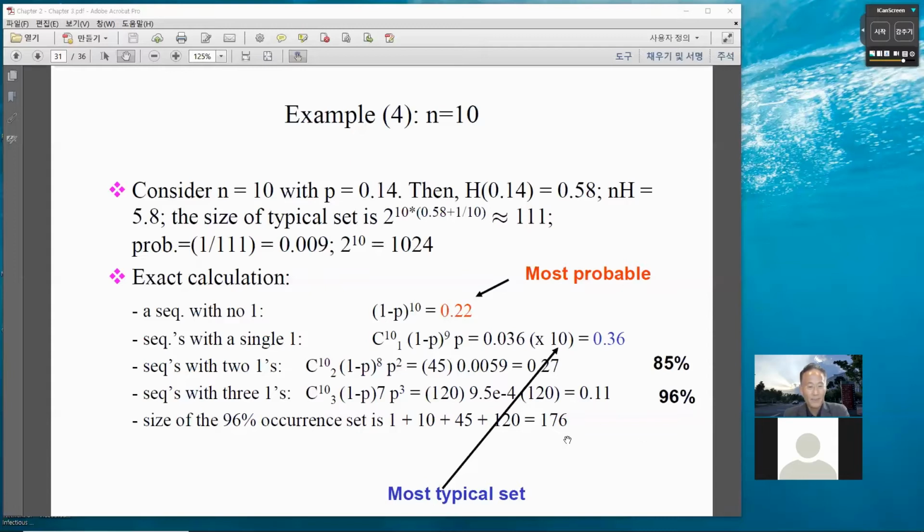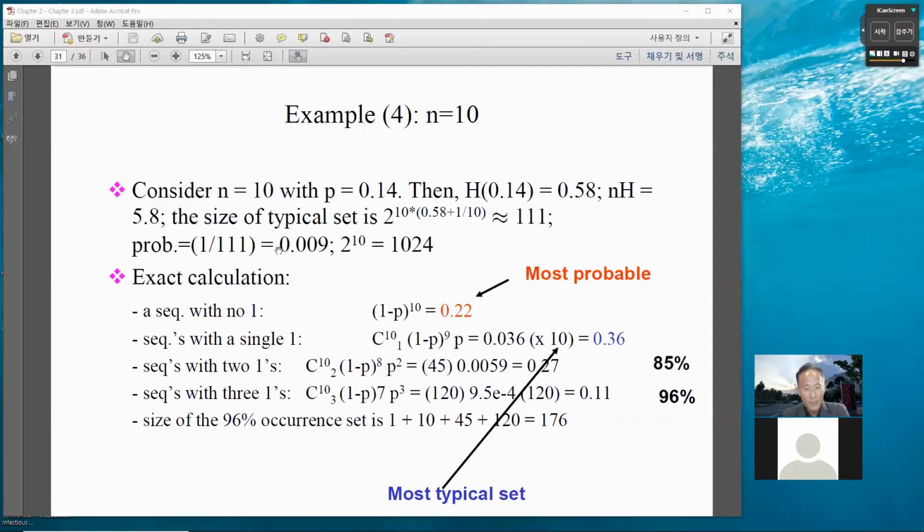Okay, all right, so obviously this one has a large departure from this probability, right? So when we compare each one of them, the probability of occurrence of each one is 0.036, this one is 0.22, and 0.0059, this one is even smaller.